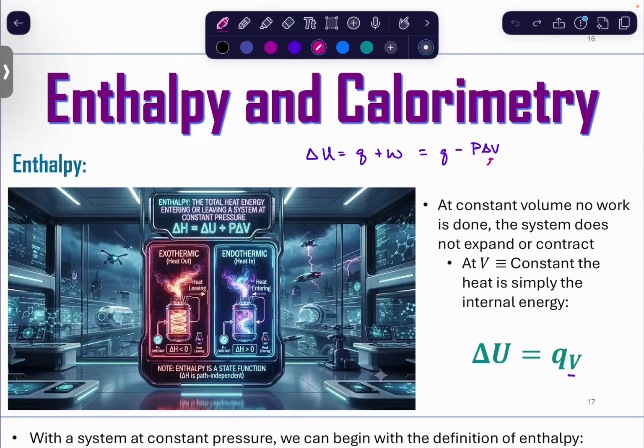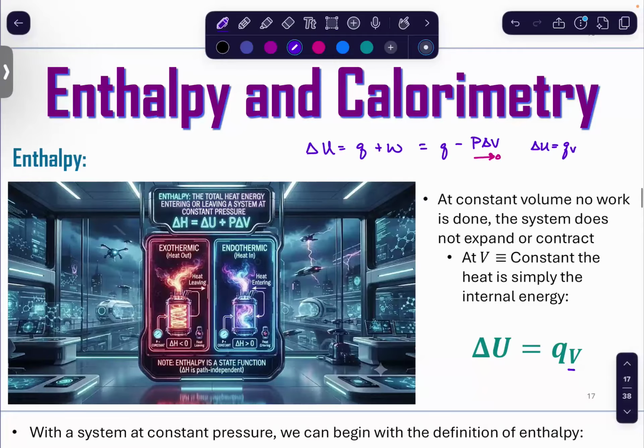So you end up with delta U equals Q, but I put the sub V on it to show that volume is constant. And so you see at a constant volume, the energy of your system is just the heat energy.